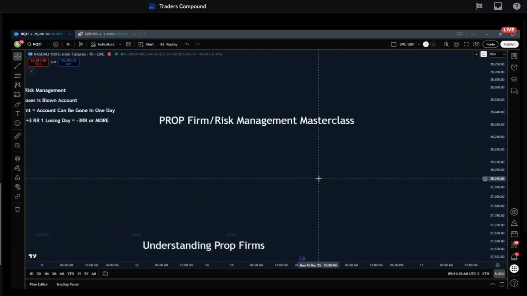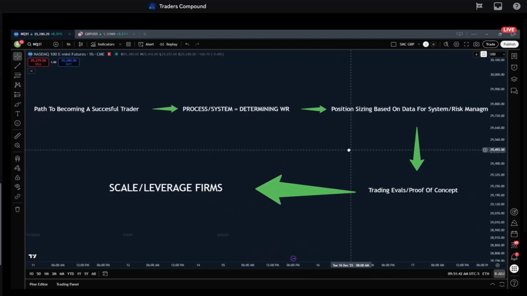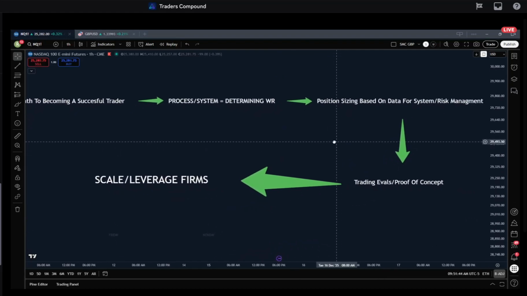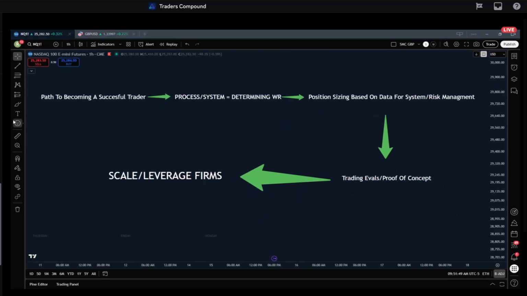But again, let's look at what this process looks like. And I want you all to identify where you are as a trader based on this little flowchart thing here, the path to becoming a trader. Where are we? Okay. If we're still in the process of learning, right? Maybe we're a VIP student, we're in the process, right?